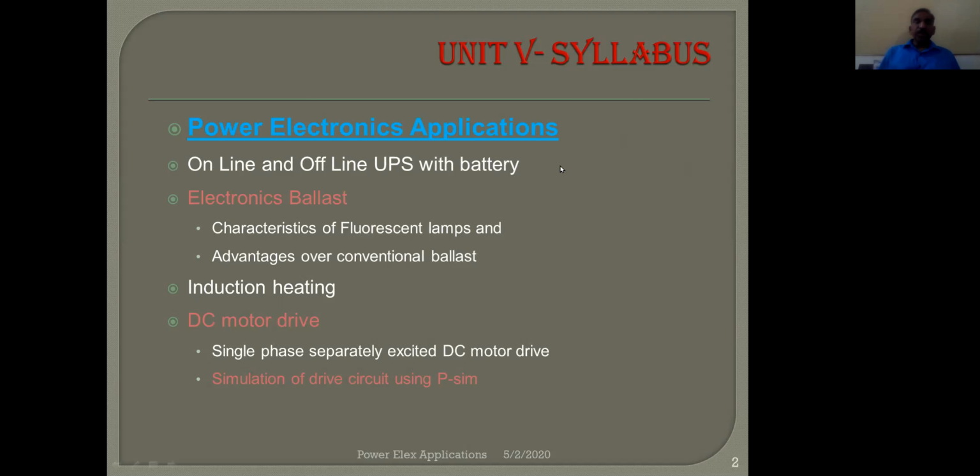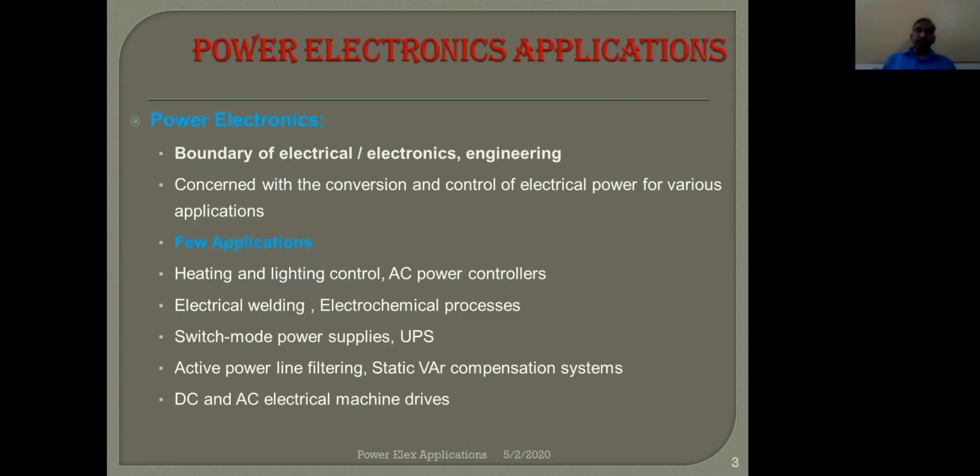The third lecture will discuss DC drives, because drives are the next bigger application of power electronics. Power electronics lies exactly on the boundary of electrical and electronics engineering, because in almost all applications we have seen that there are power circuits or HV circuits, more popularly high voltage circuits, and there are control circuits or LV circuits.